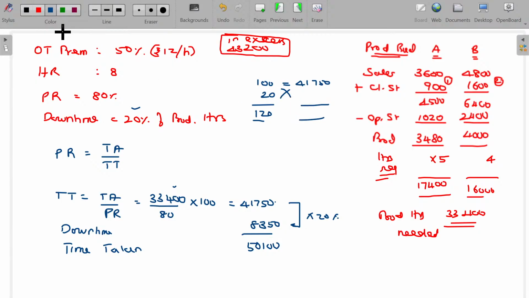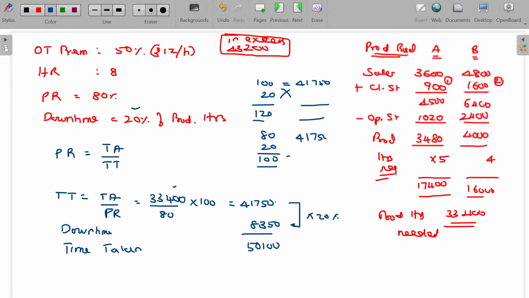Another one is, we calculated the other way, where 100 being the total time taken, 20 being the downtime, only 80 is the productive hours. In that approach, what do you get here? 41,750. This one being 41,750. Do the cross multiplication.